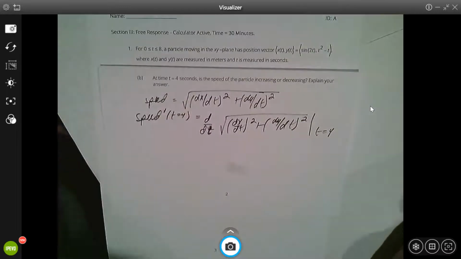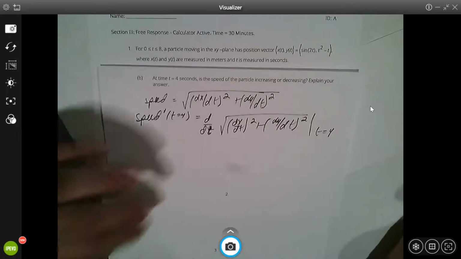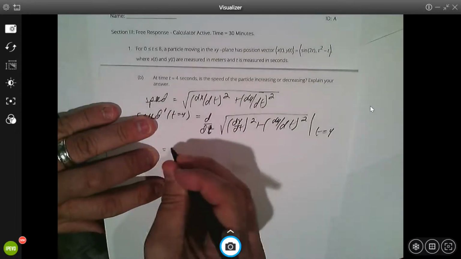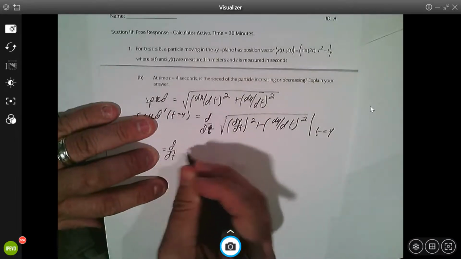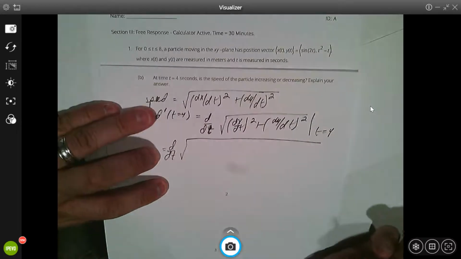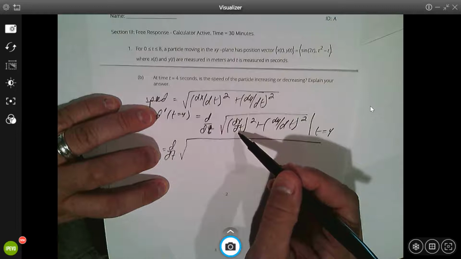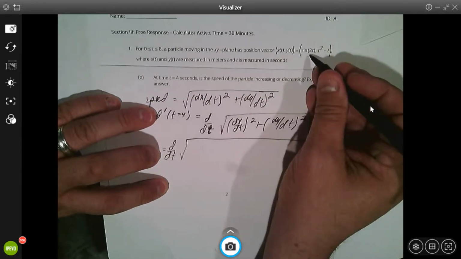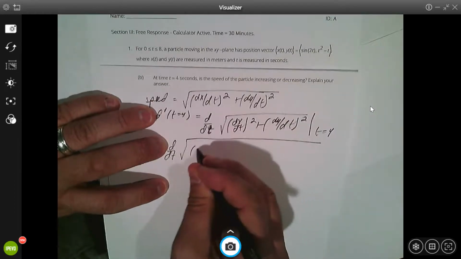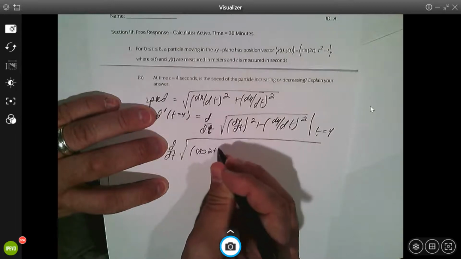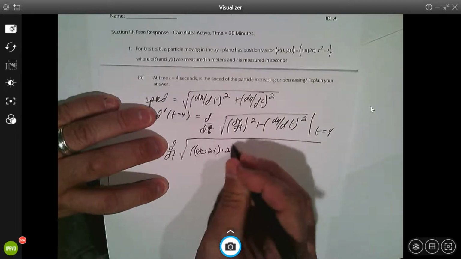And quite honestly, that might be a little too much to type into the calculator. So let's see what we can do. I need the derivative of the square root. I need the derivative of the x-coordinate, which is going to be the cosine of 2t times 2.